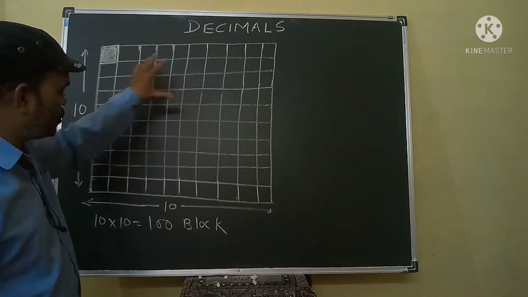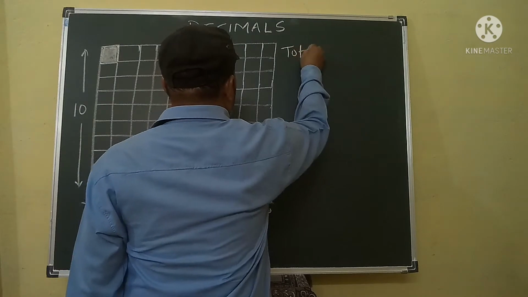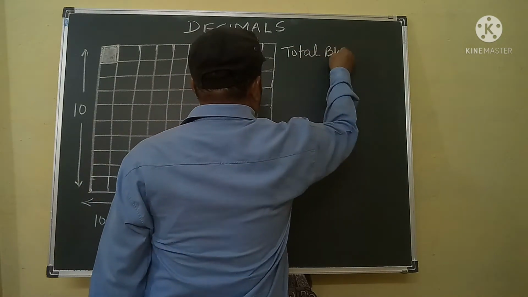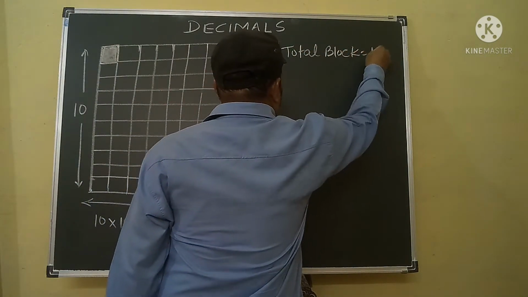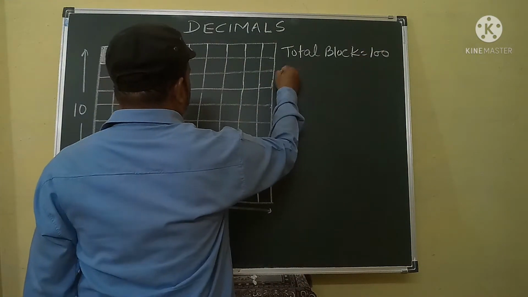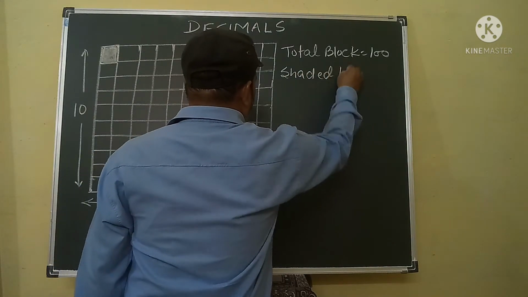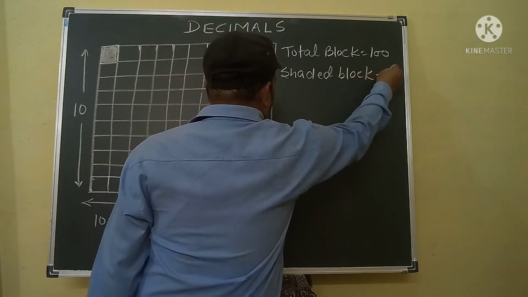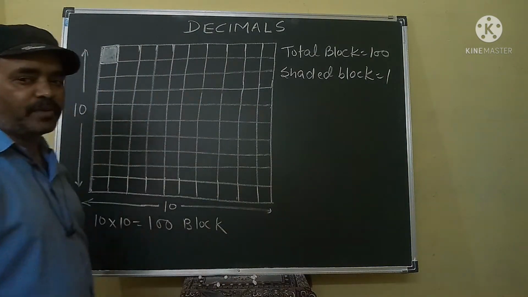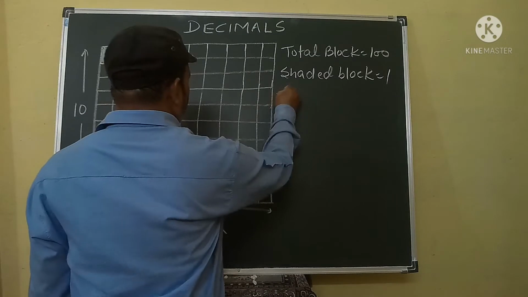That means total blocks are 100, and shaded block is 1.